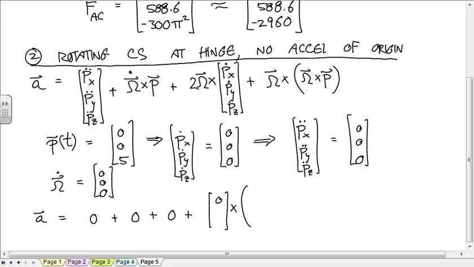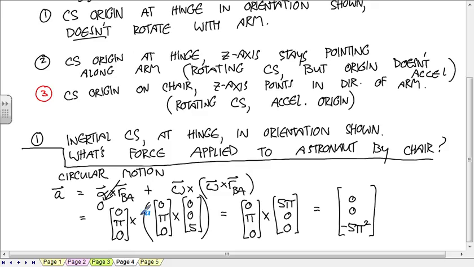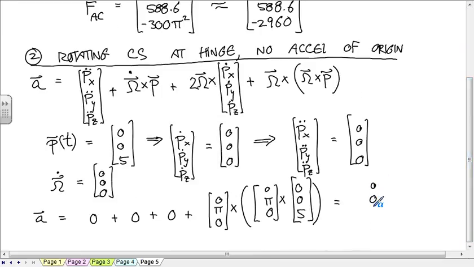Okay, 0, pi, 0 crossed with 0, pi, 0 cross, and this one's 0, 0, 5. And now you recognize that that's the same cross product we got from a different way here. So you get 0, 0, negative 5 pi squared.